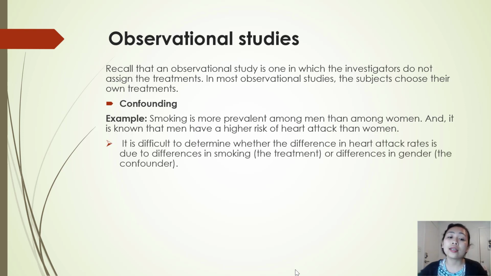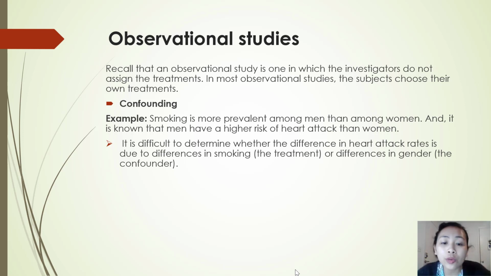So in this case, it is difficult to determine whether the difference in heart attack rates is due to differences in smoking, the treatment, or the differences in gender. Here we don't know whether smoking or gender is the main factor that affects the heart attack rates.